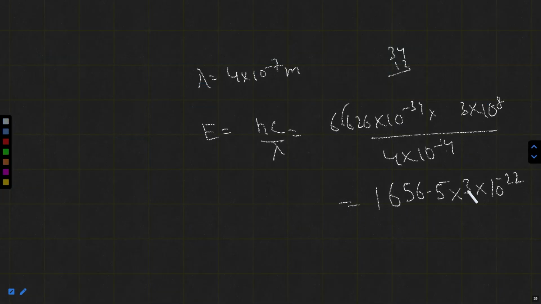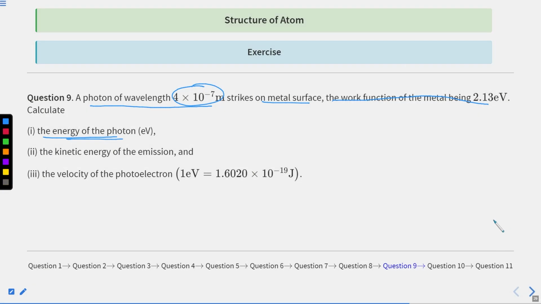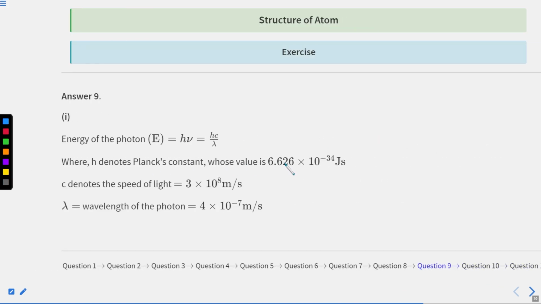Now, how will you calculate it? This is in joule. If you want to calculate it in electron volt, you will simply multiply this with 1.6 into 10 to the power minus 19 electron volt by joule. The joule and joule will cancel out and you will get the energy in electron volt. Now you will further subtract this value from the work function and you will get the energy of the photon in electron volt.